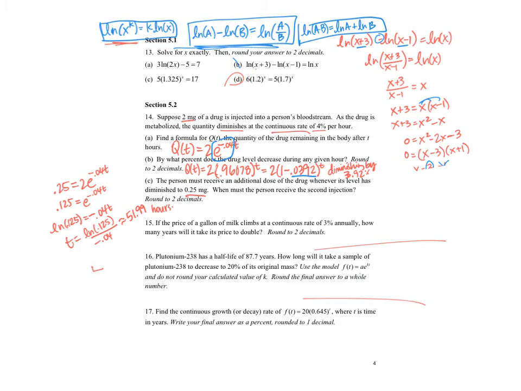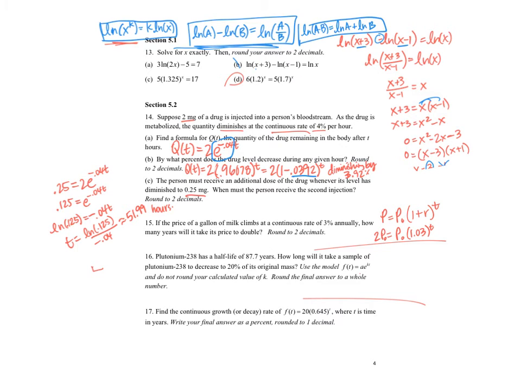So this is my annual rate, so I'm going to use P equals P naught times 1 plus my rate to the t. I don't know my initial amount, but I do know that it's going to double. So whatever my initial amount is, I'm going to multiply it by 2: 2 P naught equals P naught times 1.03 to the t.